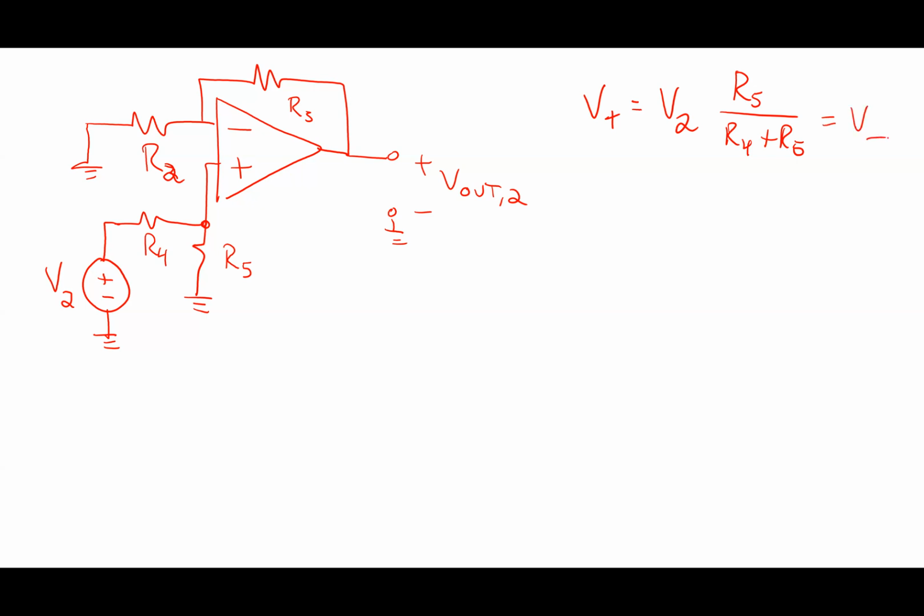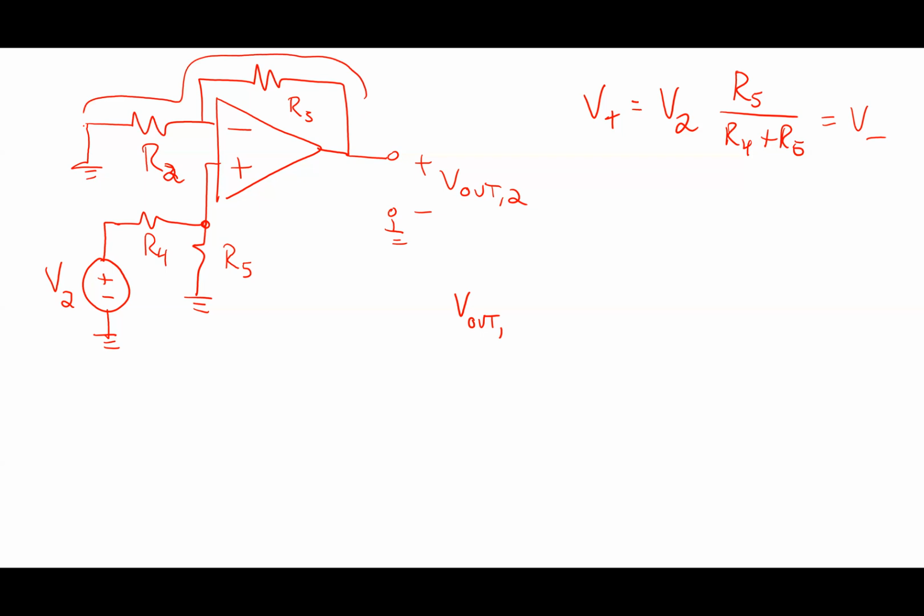V minus. V plus and V minus have to be equal to each other. Now, we did a problem just like this back in lecture. What I also have is a clear voltage divider with the R3 and the R2. It's like the voltage source V out 2 is giving all that current going this way, and I get a series combination of those resistors.